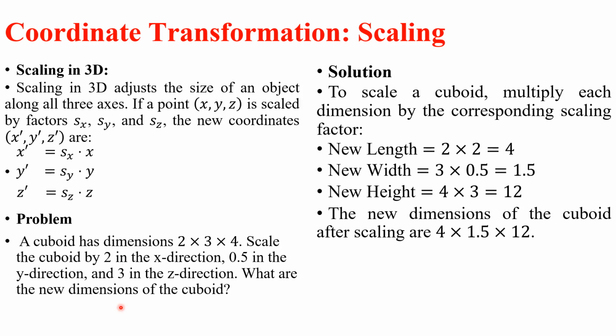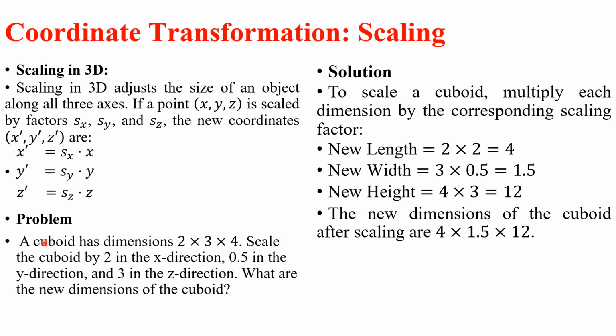Scaling can also occur in space, that is 3D. If that happens, similar to what is obtainable in two dimensions, we simply multiply the scale factor along the z-axis by the coordinate point z.